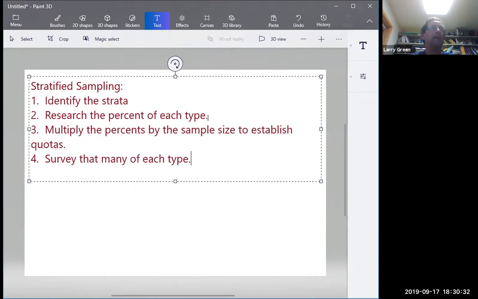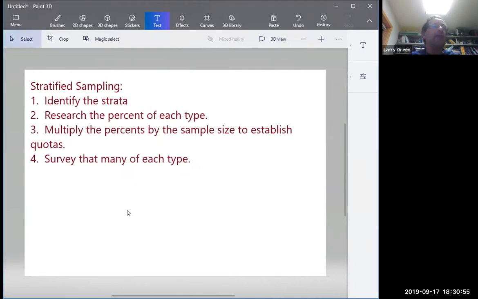Any questions on that? You usually can't eliminate the voluntary response bias with this kind of method because people are still going to hang up on you. Any questions on stratified sampling? Okay, so that's one type.